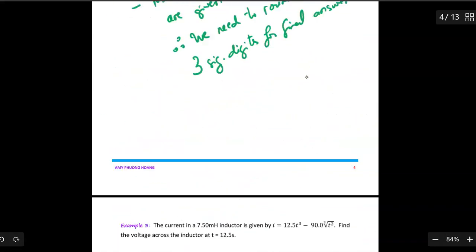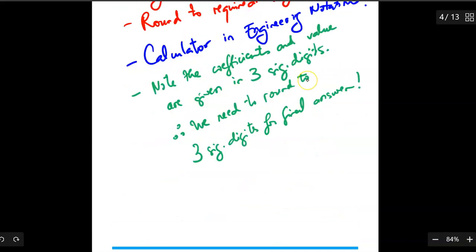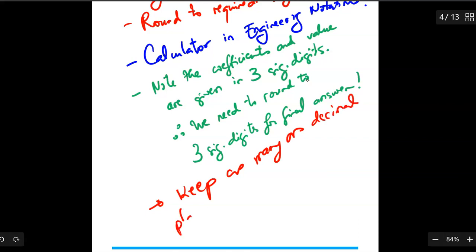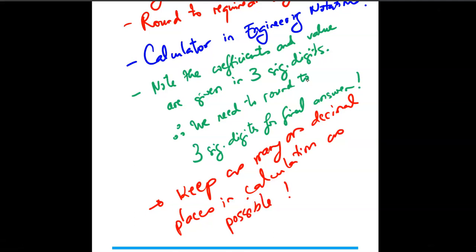And another reminder for everyone is to keep as many decimal places in calculation as possible, because we want to make sure that we get an accurate answer at the end.